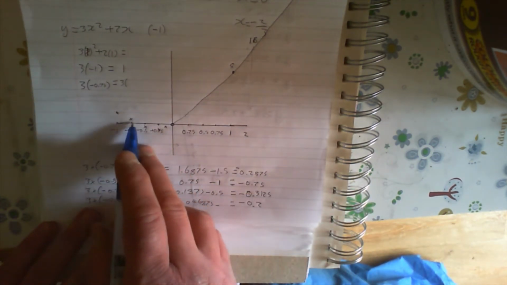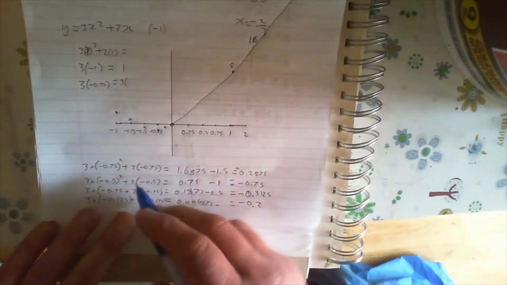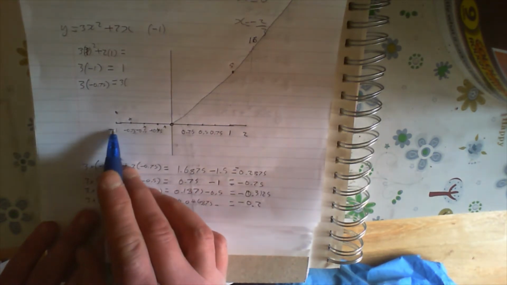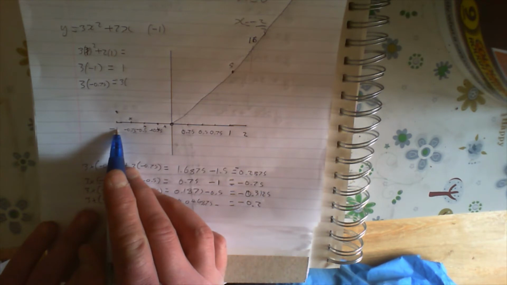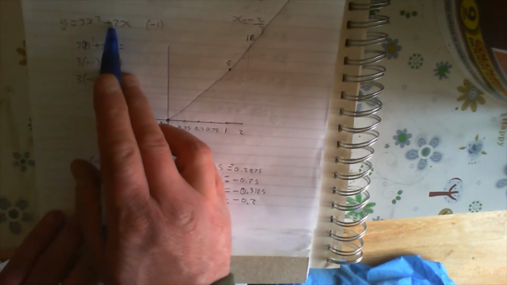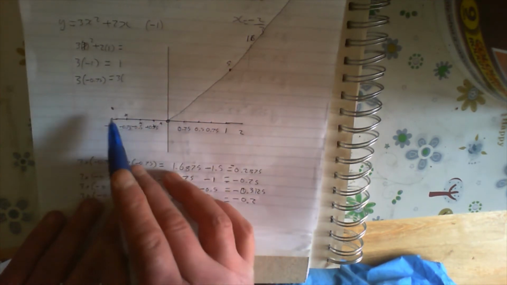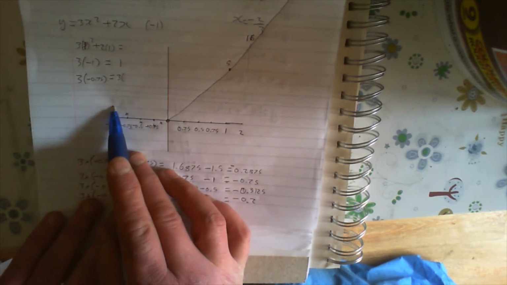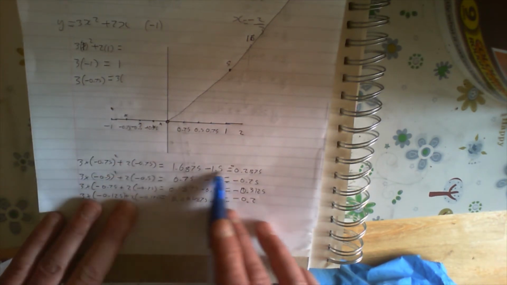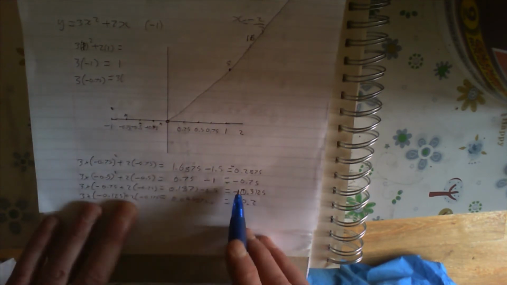Now, after here, if you put in minus 1 in there, that will give you 3 plus 2 times minus 1, which leaves you 1. If you put in minus 0.75, you get 0.2825, which should be about there.